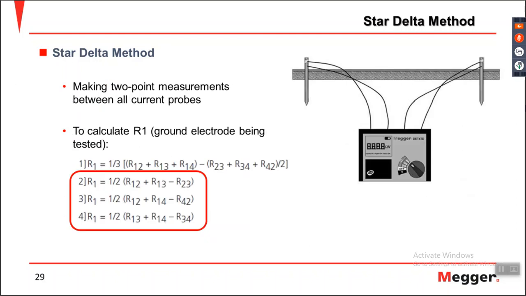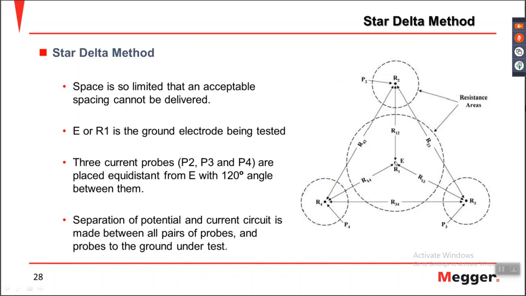Sorry, from this one, this is the ground under test, E or R1. You need to do six measurements. R1 is measured to this position: R13, R14, and R12. And then you do measurements on R2 to R4, and continue to R2 and 3, and 3 and 4. You can measure these with the two-pole method.